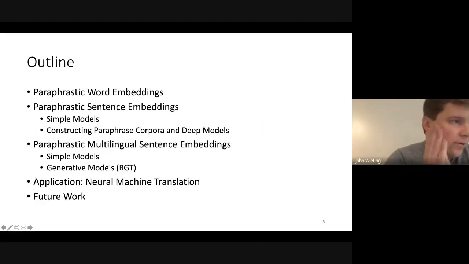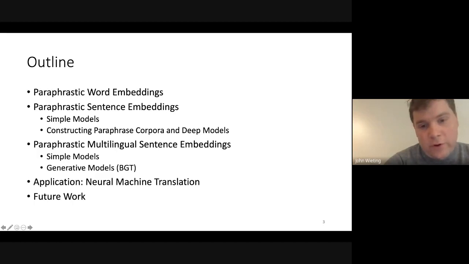Here's just a quick outline of the talk, trying to cover everything in a reasonable amount of time. I'm going to first go back in time a little bit and talk about word embeddings. This is my earliest work, but it set the stage for how things would play out. Then I'll talk about sentence representations from simple models to deep models.